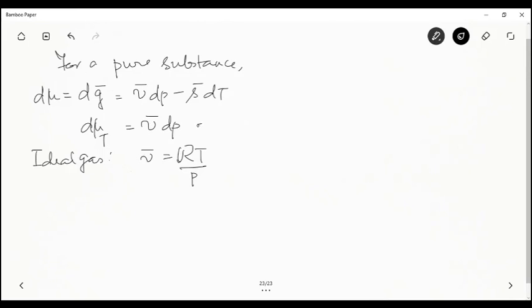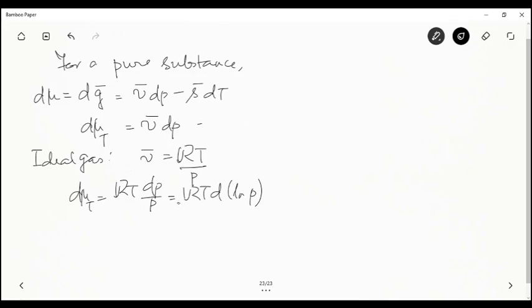So d mu T is equal to R T dP by P, and this you can write as R T d of log P. Okay, so this is the expression for an ideal gas.